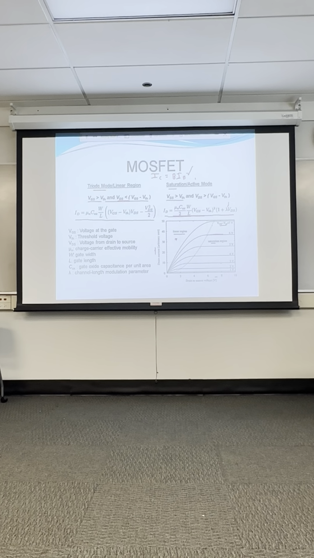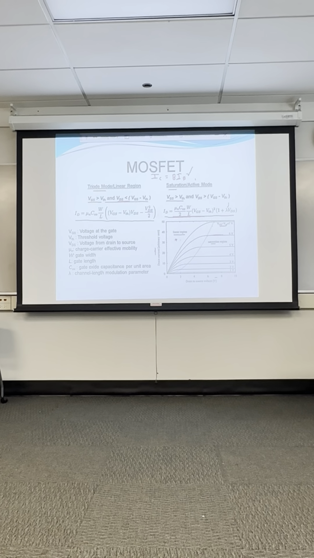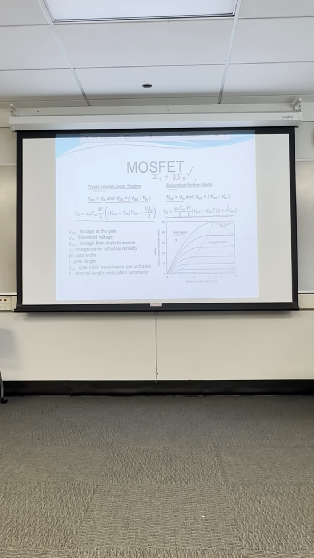This is where it becomes an amplifier. If the MOSFET is in the linear region, it acts more like a variable resistor, and not an amplifier. When we covered BJTs, we talked about operating points. For the MOSFET, the operating points would be away from this linear triode region. So that's the design area.